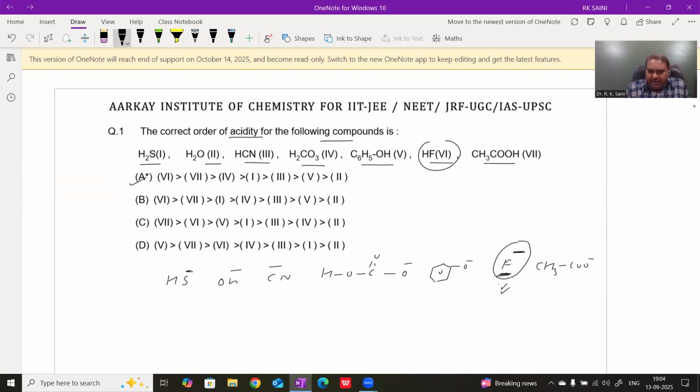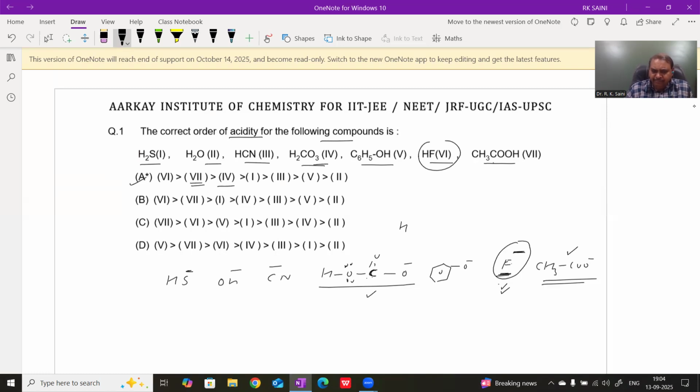Now we check resonance: the bicarbonate ion and acetate ion have synchronized resonance, but in the case of bicarbonate ion, the central atom is carbon, and the lone pairs of the OH group repel each other. Therefore acetate ion is more stable than bicarbonate ion, and then acetic acid is stronger than carbonic acid.